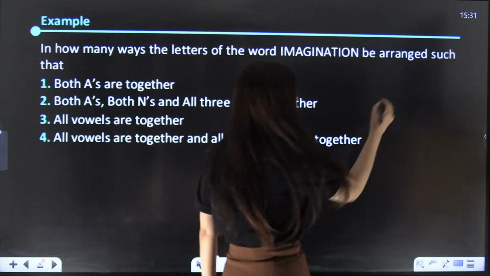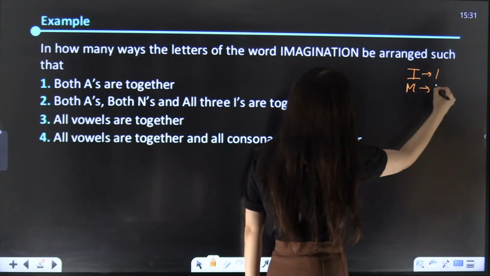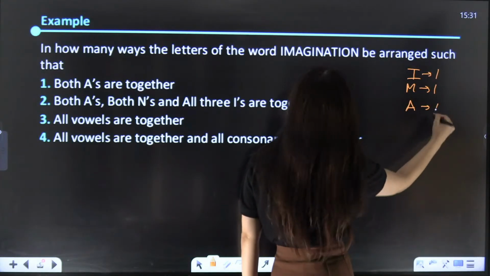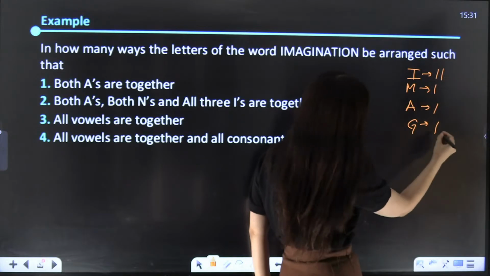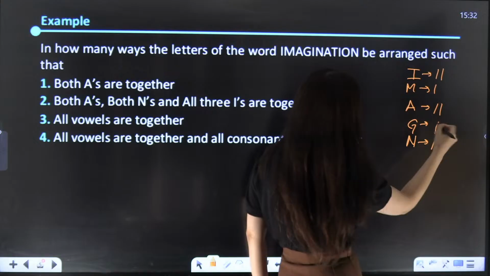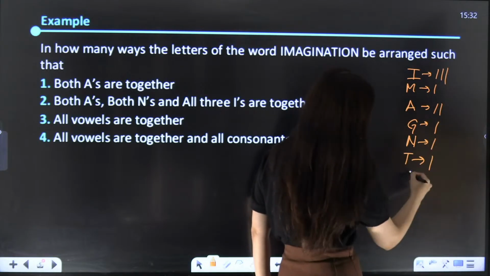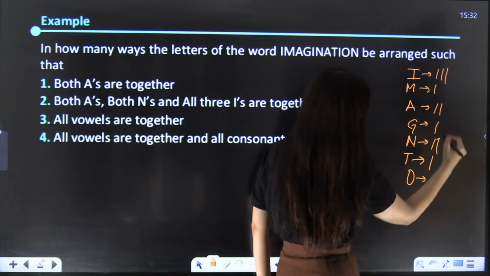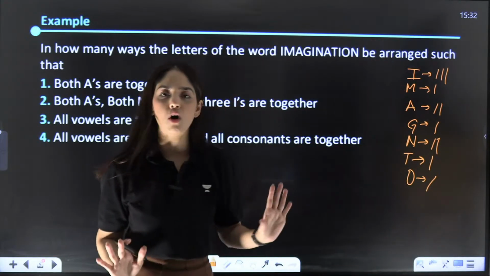So we have I, then M, then A, G, then I, then N, A, T, then I, then O and N, just to get the right count of letters.